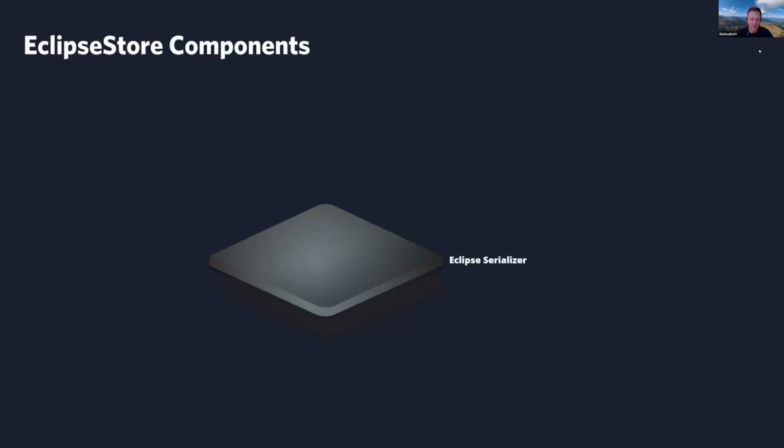The only thing is, all objects that can be recreated through runtime can be persisted. So you cannot store a thread, for instance, but everything that can be recreated through runtime can be persisted by EclipseStore. So Eclipse Serializer is the heart and the core of EclipseStore and the only dependency.